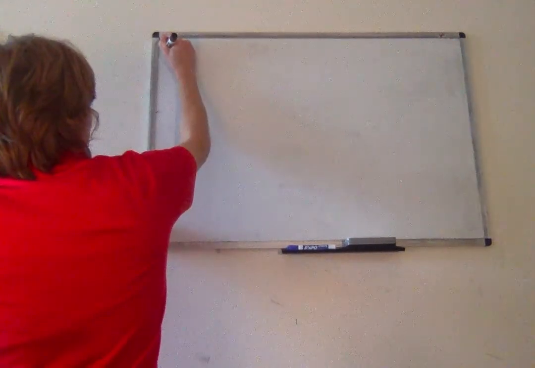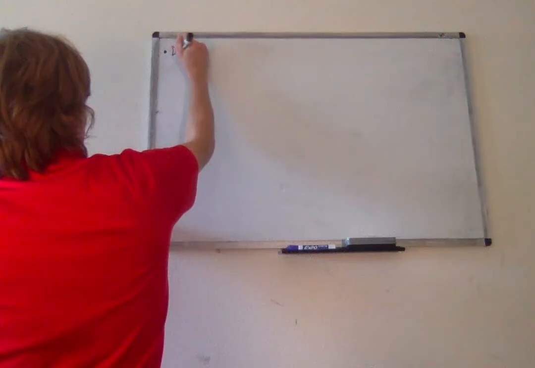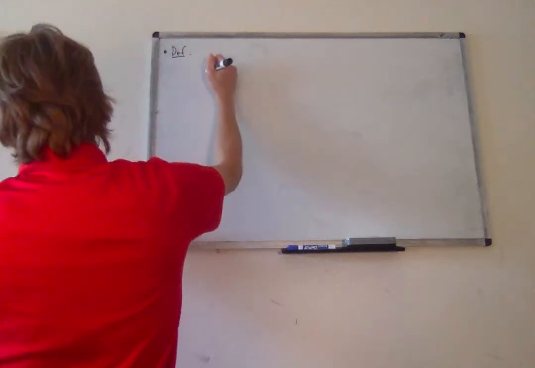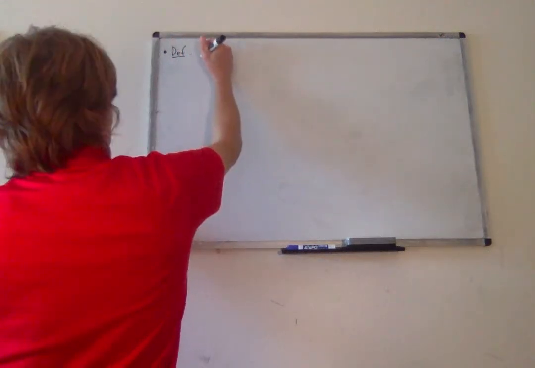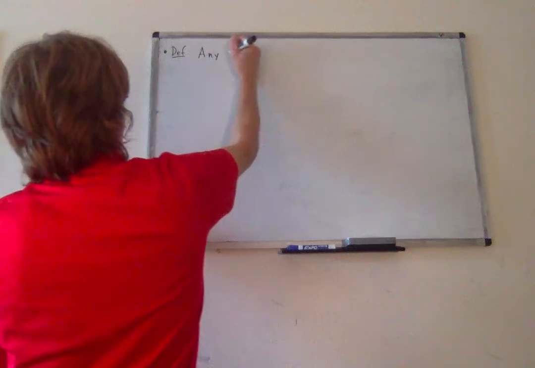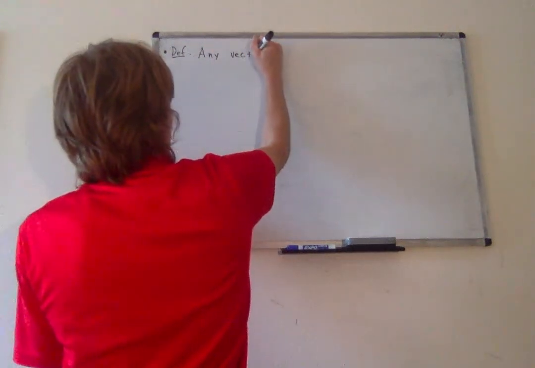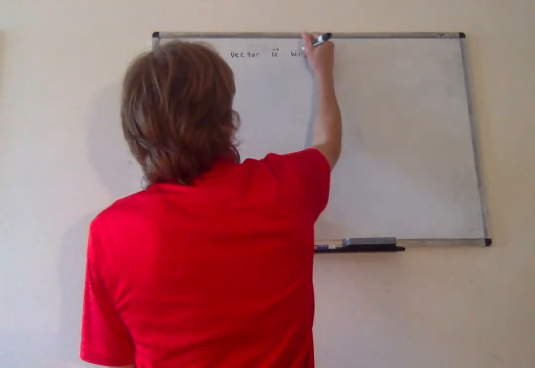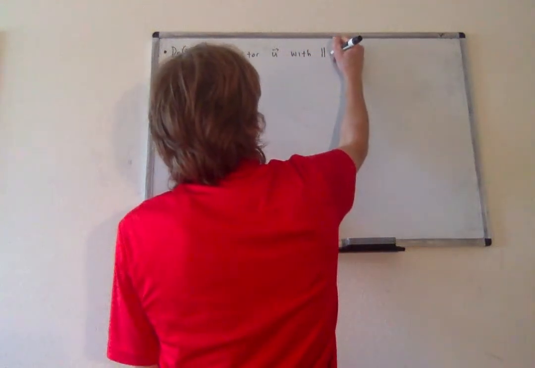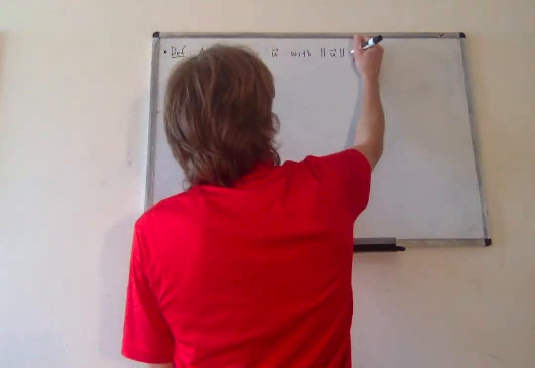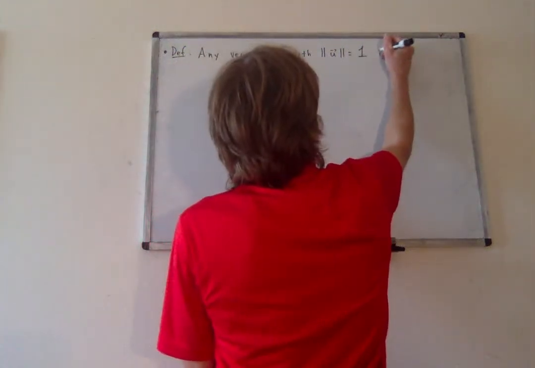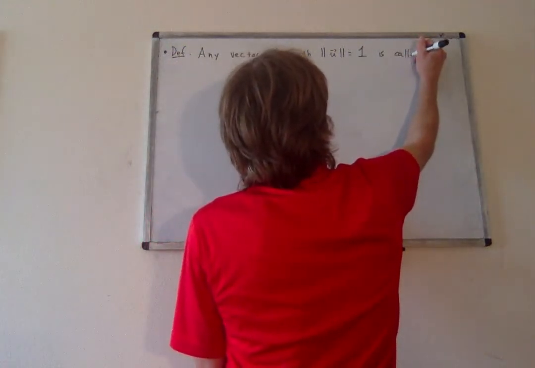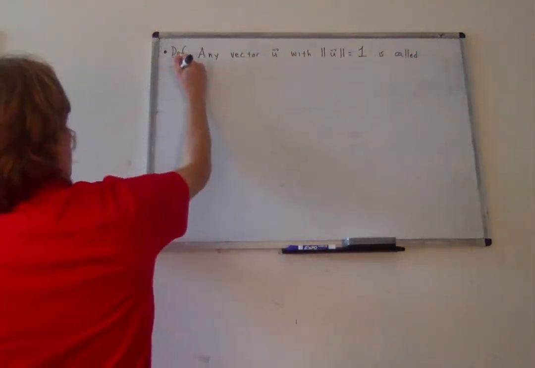We'll talk a little more about this in later sections, but because we like vectors of length 1, they have a special name. We say that any vector u with length 1, or with norm 1, right, so norm of u equal to 1, is called a unit vector.